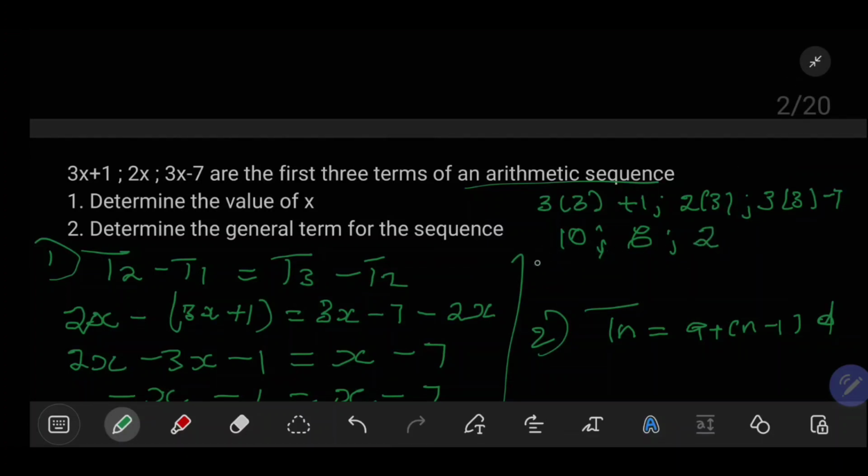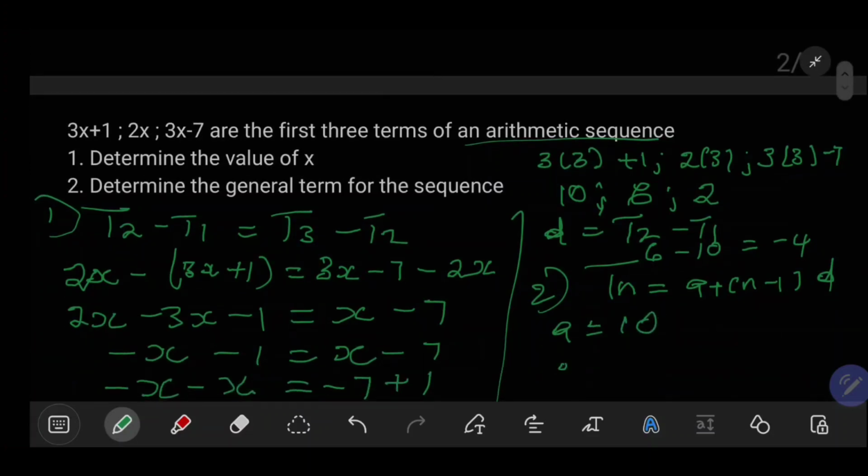So this is the arithmetic sequence. When we try to find the difference, t2 minus t1, we have 6 minus 10, then we get negative 4. Similarly, t3 minus t2, 2 minus 6, we get negative 4. All right, so our a value here is 10, and our d value is negative 4.